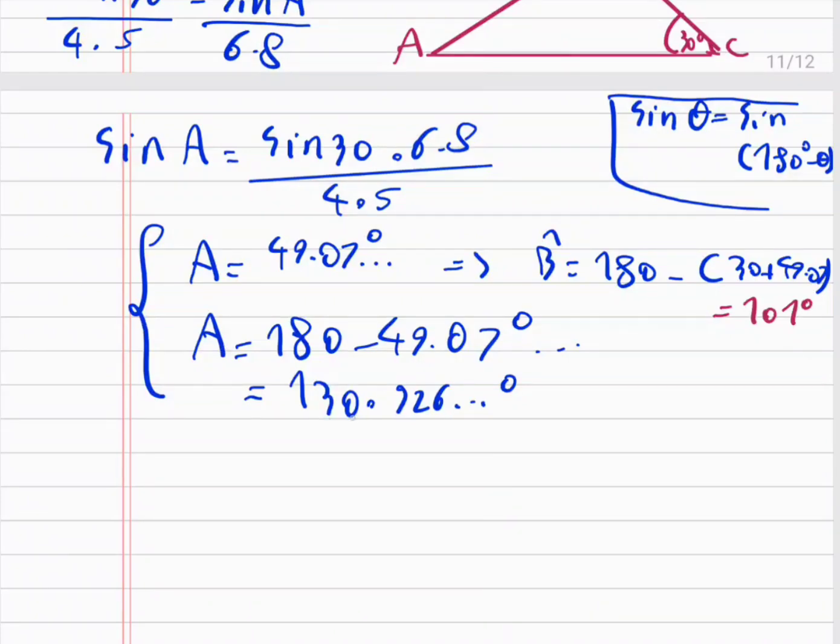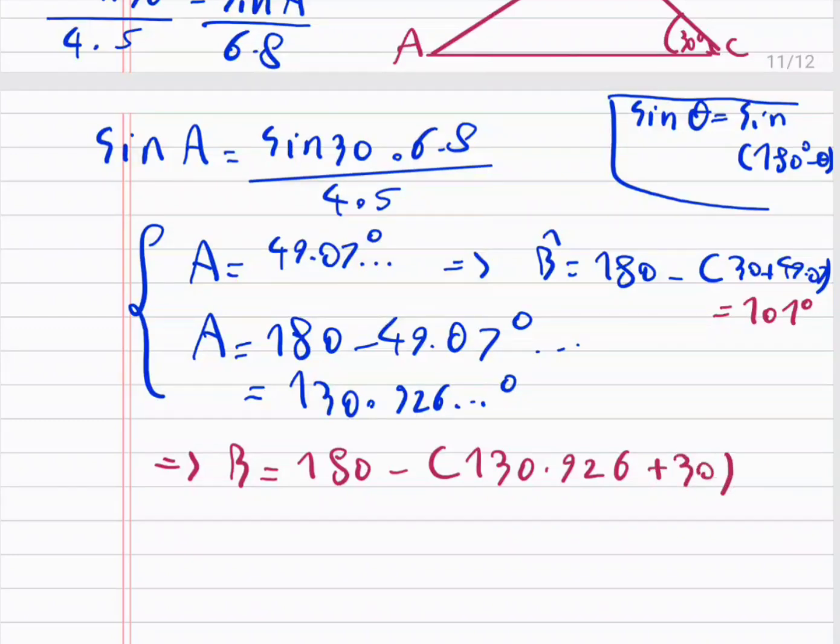But in the case that A is equal to 130.926 degrees, B is not going to be the largest angle. It's very clear that B won't be the largest, because we have 180 minus 130.9 plus 30. In that case, B is equal to 19.1 degrees to three significant figures.